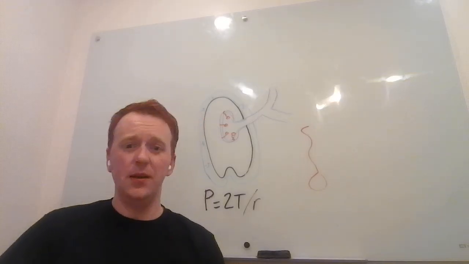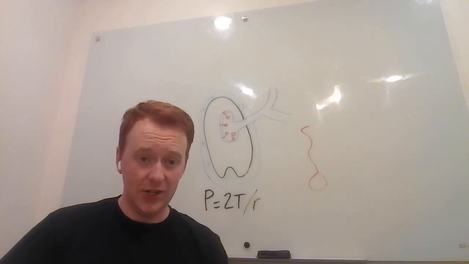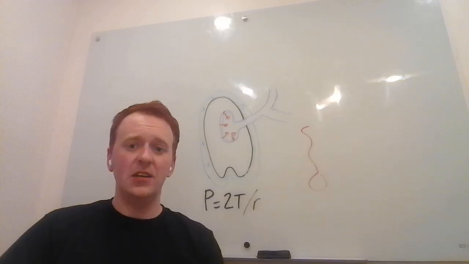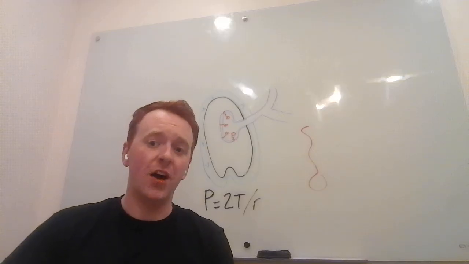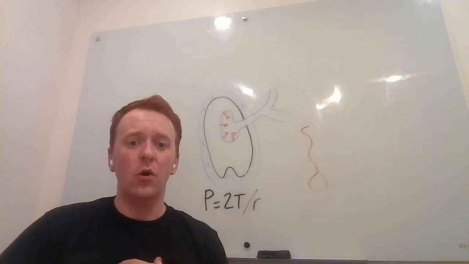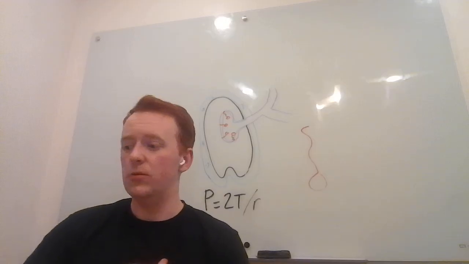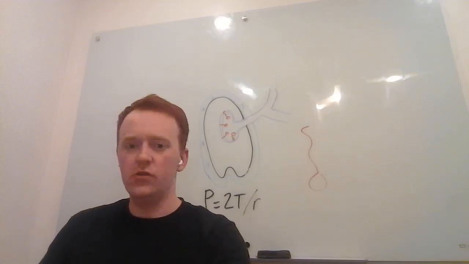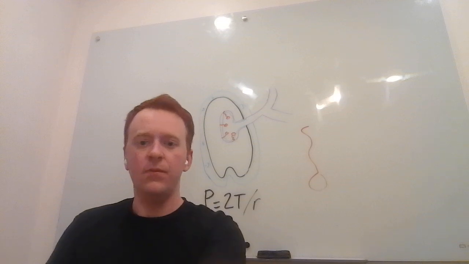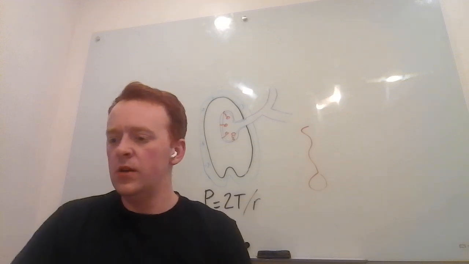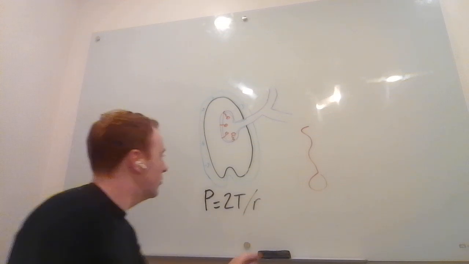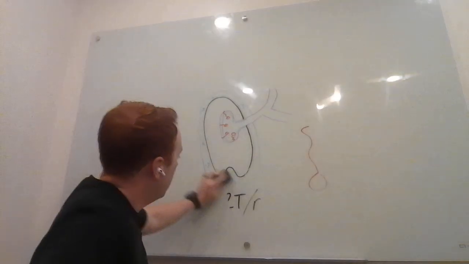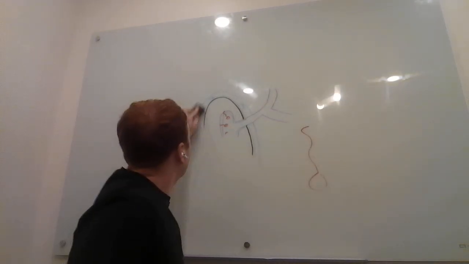Now I want to talk a little bit about the alveolar gas equation. The alveolar gas equation estimates the partial pressure of oxygen in the alveoli, or the PaO2. Let's see if I can draw this out actually. So there are certain pressures. I'm going to erase this, and we're going to zoom in on the alveolus.